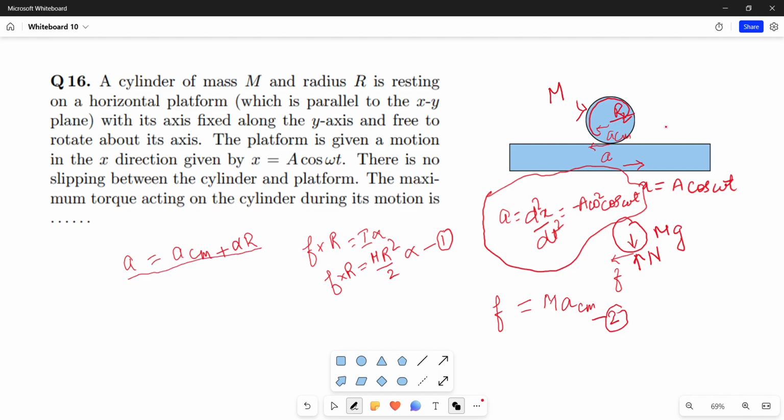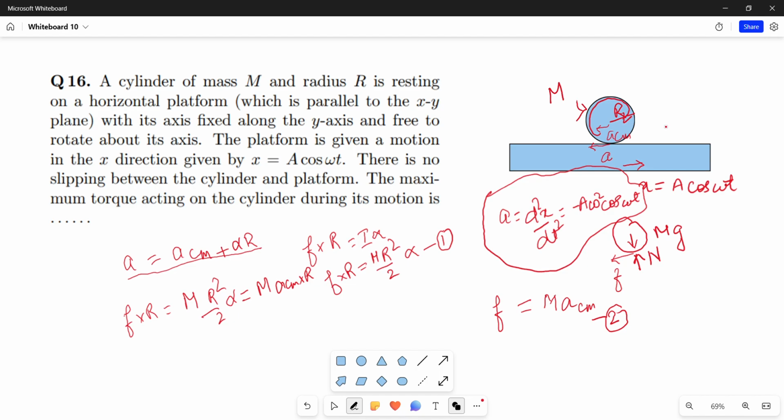Now from equation 1 and 2 we can write that F into R equals mr square by 2 into alpha equals m ACM into r. This is from equation 1 and 2.